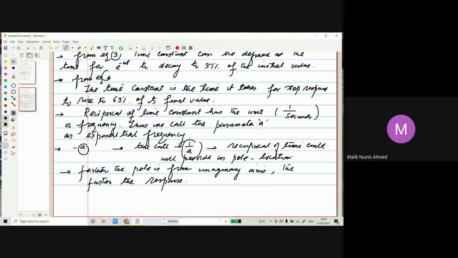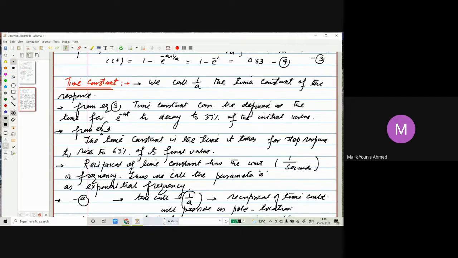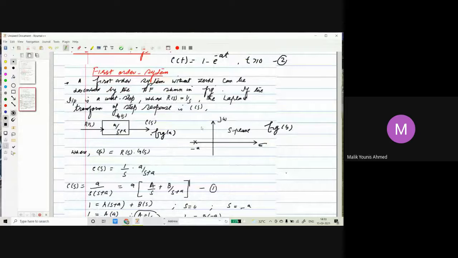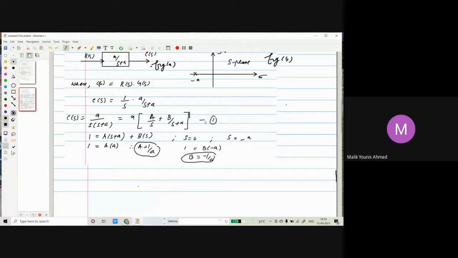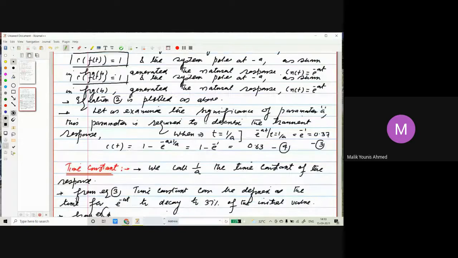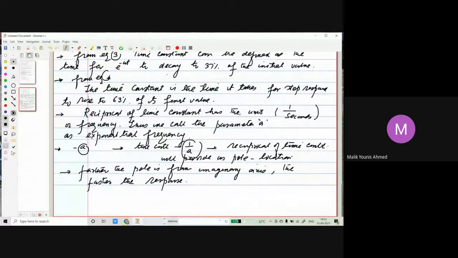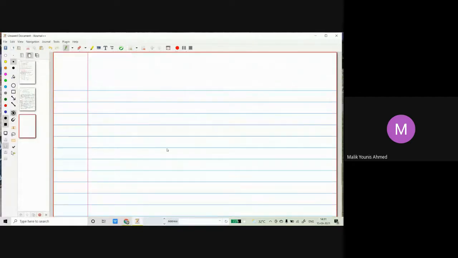We saw this last time. You can see the imaginary axis here, this is the negative real axis, and this is the positive real axis. So if the pole is far away from the imaginary axis, the response in that case will be faster. So this is for the first order.